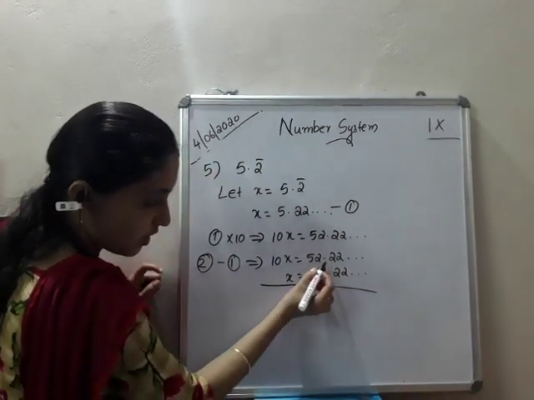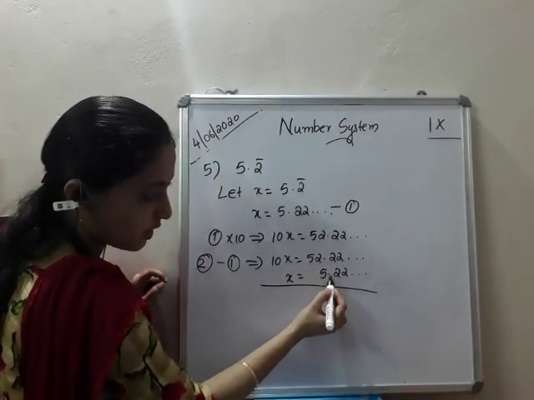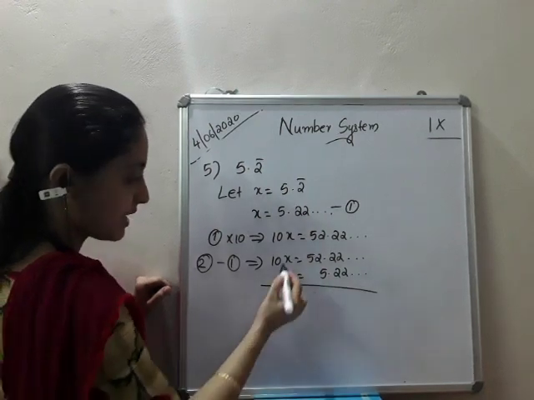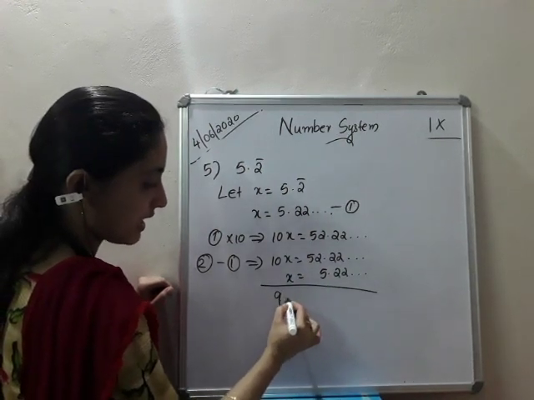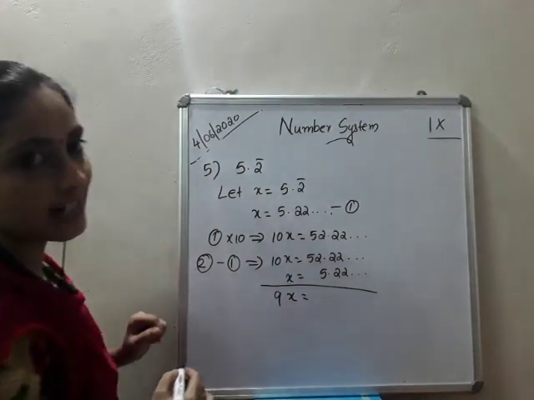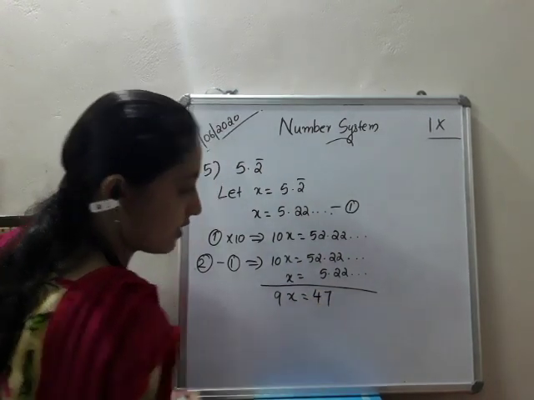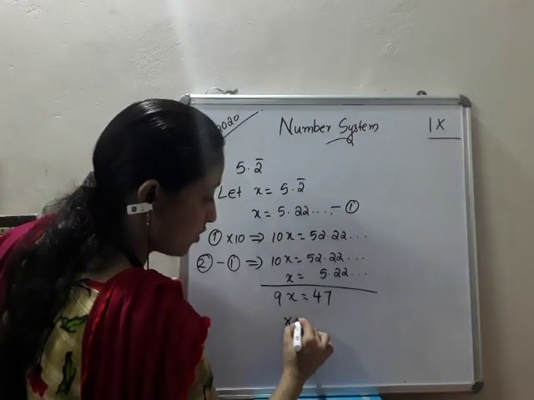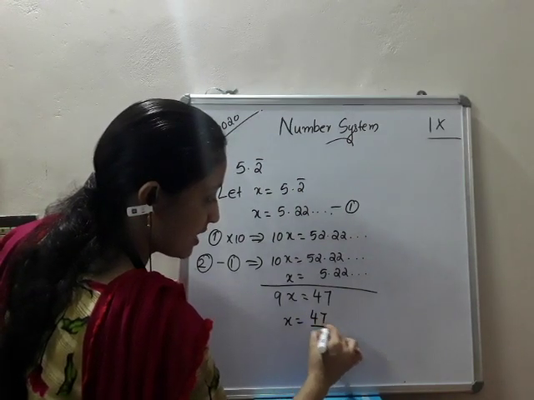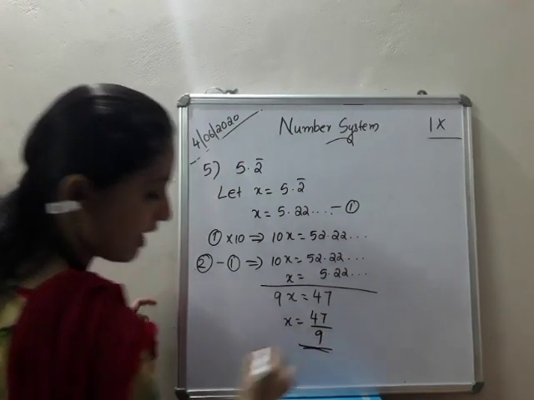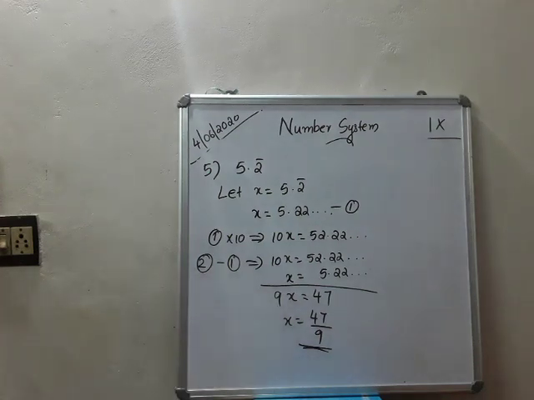So better you have to write like this. That is 0.22. Here also 0.22 likewise. So subtracting, what you got the answer? 9x is equal to, what is 52 minus 5? That is 47. So x will be equal to 47 divided by 9. Clear? Yes.